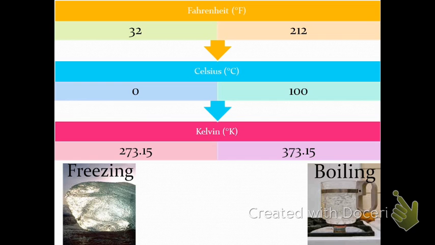That's when water will freeze. 212 is when water will boil. And in Celsius, that's 100 degrees Celsius. And that's what we base things on, when water will freeze and when water will boil.